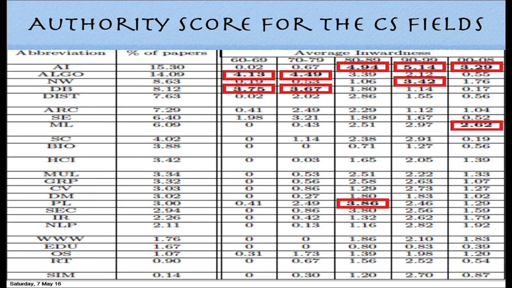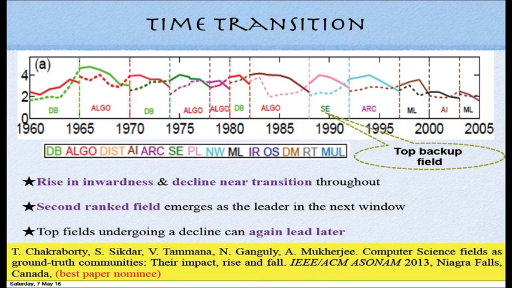In order to further look at this interesting behavior at a more micro level, we draw something called the time transition diagram. This is a diagram that is usually drawn in various physics experiments. What you do here is, on the x axis you have the timeline from 1960 to 2005, and on the y axis you plot the authority score for the two top ranking fields.